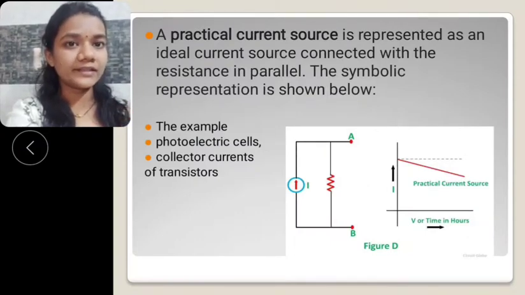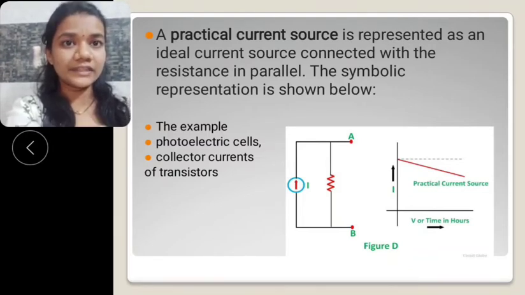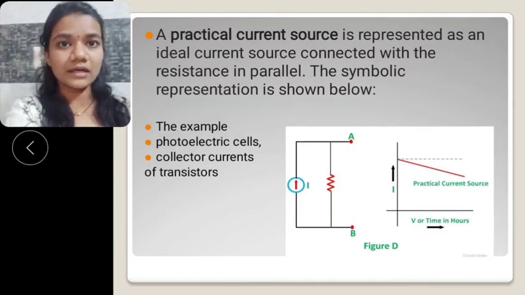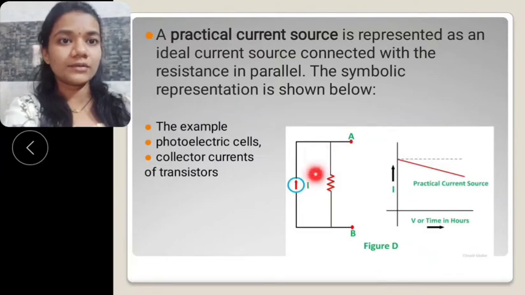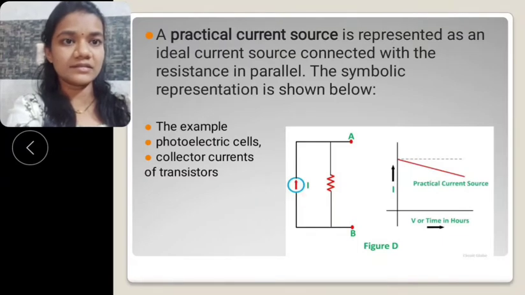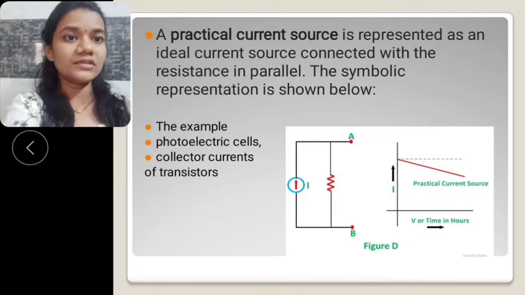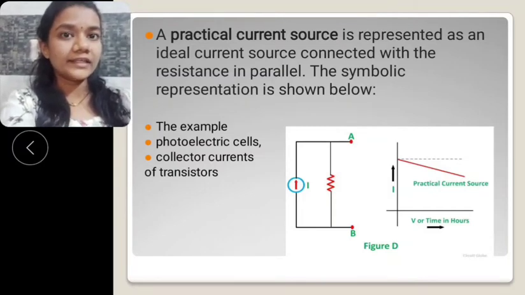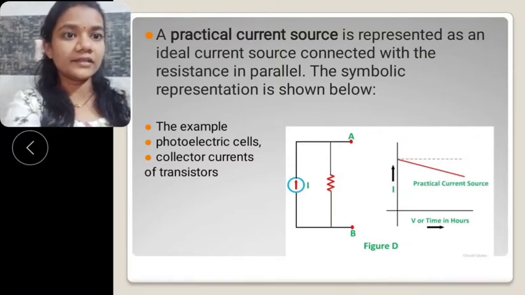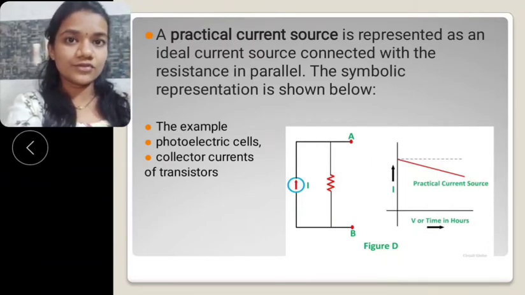Then the practical current source. A practical current source is represented as an ideal current source connected with a resistance in parallel. In practical, we connect a load resistance to the source. Here it is shown; this is nothing but the load resistance. The symbol is this. Now if we talk about the characteristics of ideal and practical current sources, they are different. The ideal current source provides constant current, and in practical there is a slight change; it may decrease gradually.